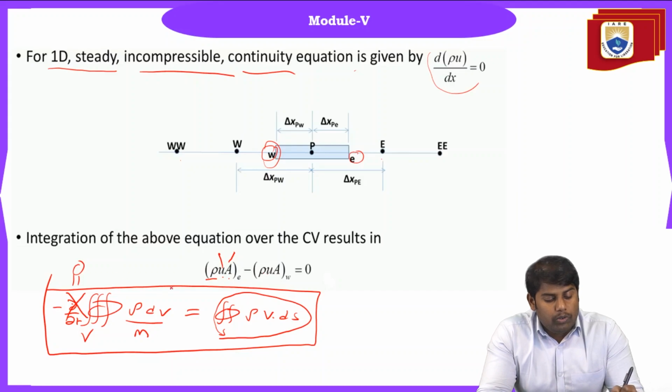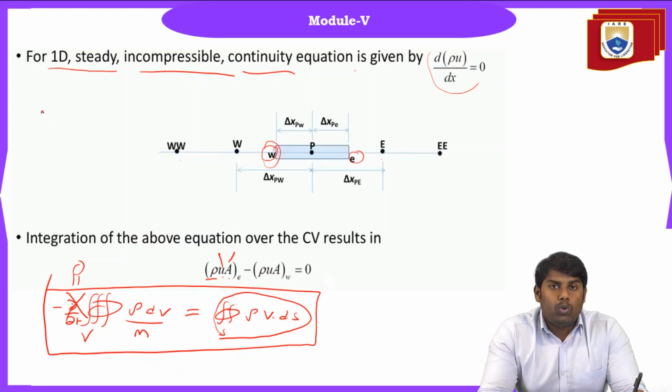Their difference is what we have. This is the basic finite volume formulation for 1D.